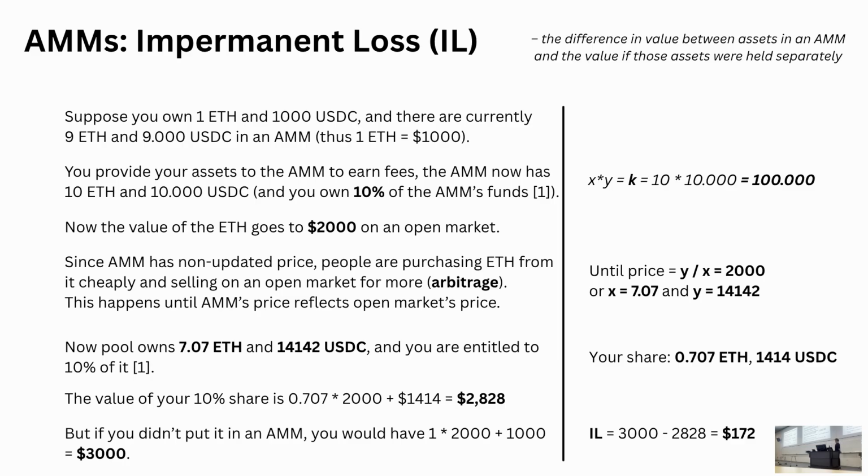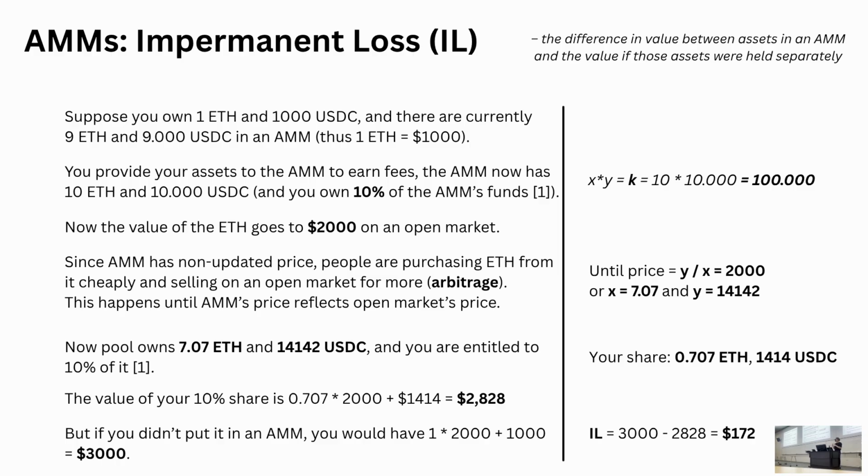Next, this is a pretty dense slide, but I think it showcases another problem of AMMs called impermanent loss. On a high level, if you're a liquidity provider to an AMM, you're the person who's making money from swap fees.